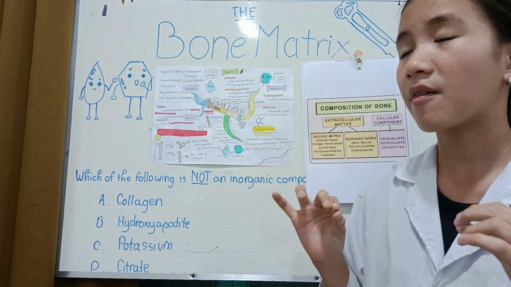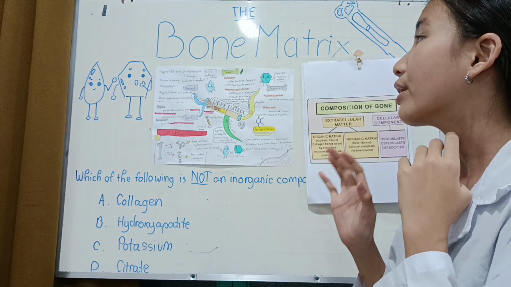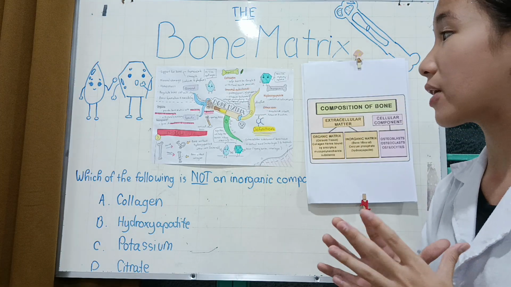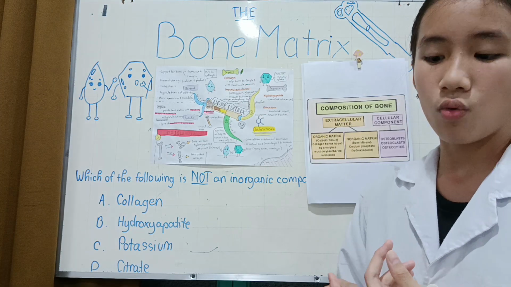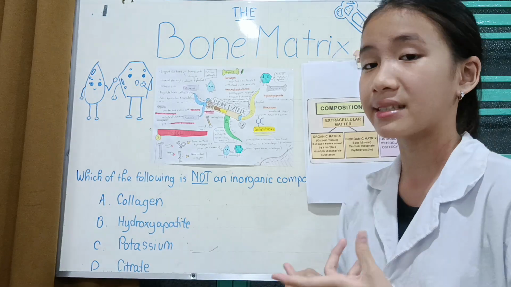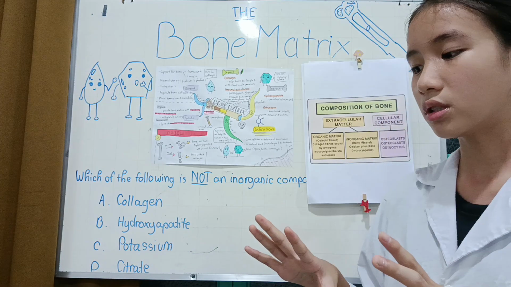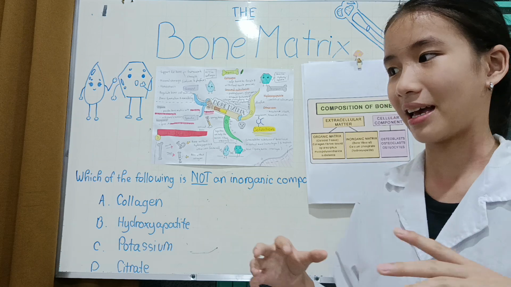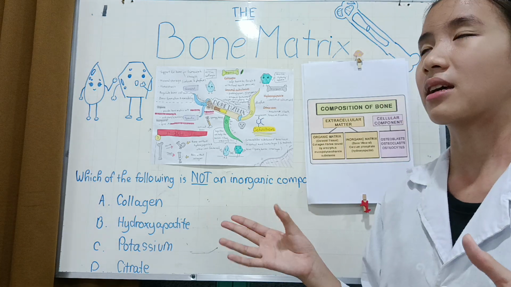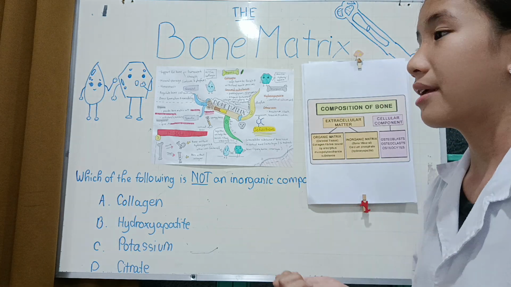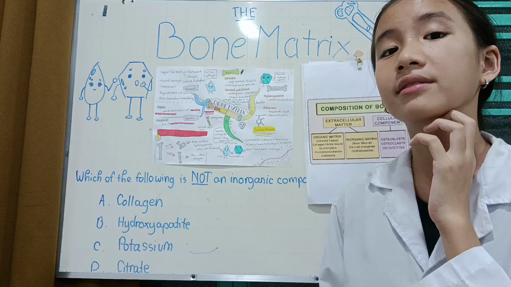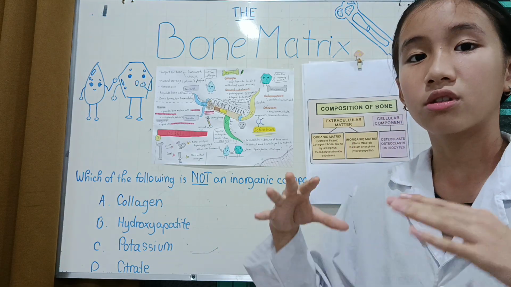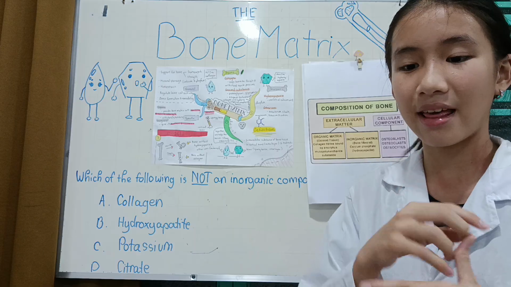How about the specific functions of the inorganic and organic compounds? Well, the organic compounds provide the bone matrix with its flexibility and tensile strength. So it's able to help the bone to be flexible. Not flexible like something made out of rubber, but it gives the bone its flexibility so that it won't be too fragile, where we touch it and then it breaks.